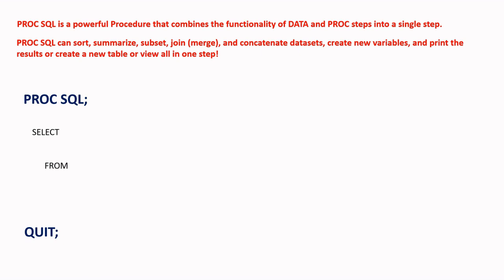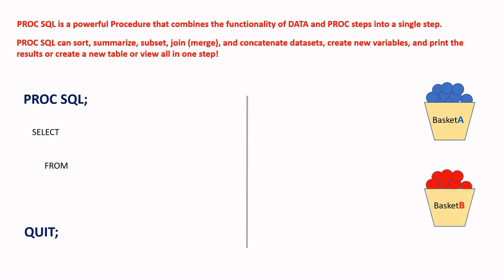To understand this, let's look at a quick story. For example, you have to play cricket, and for that you need a ball. To get the ball you have 2 baskets: basket A, which has all blue balls, and basket B, which has all red balls. Now the first question is, what do you need?